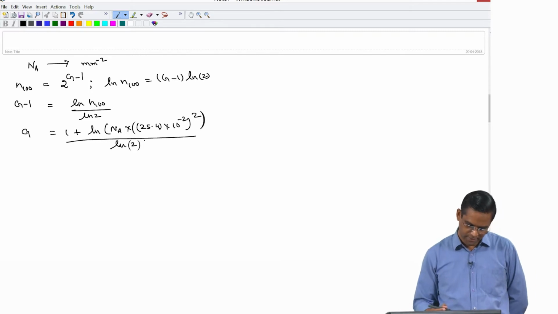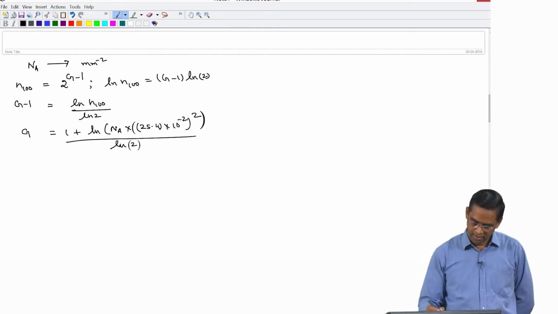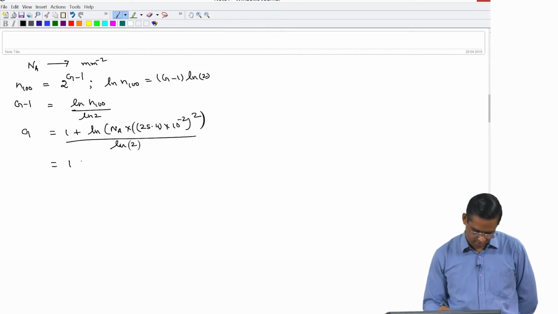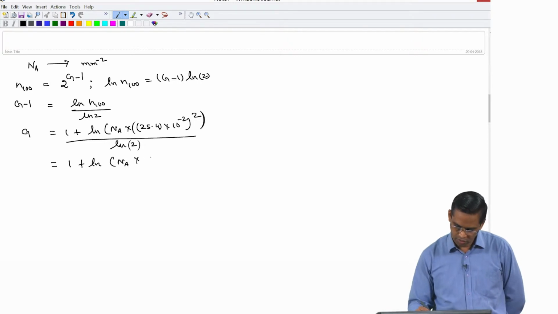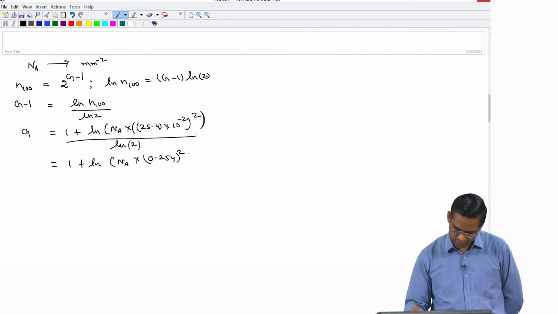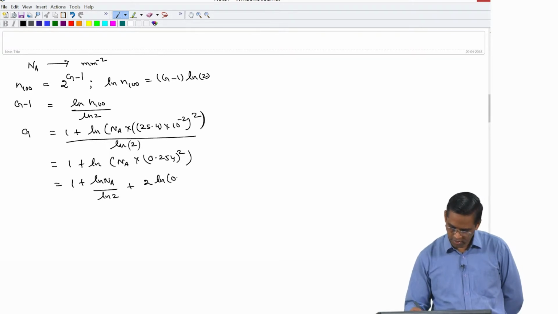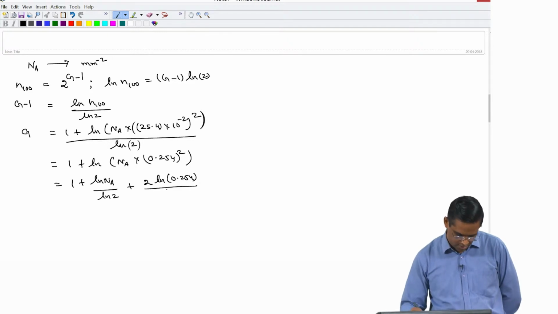because we have to take care of that 100. So, that is 10 to the power minus 2, and it comes to NA into 0.254 whole square, and this can be rewritten as 1 plus ln NA by ln 2 plus 2 ln 0.254 by ln 2.